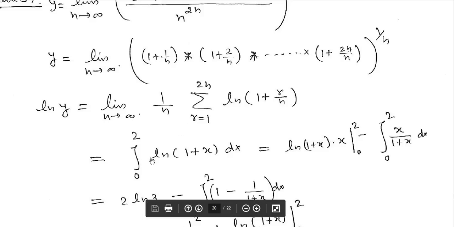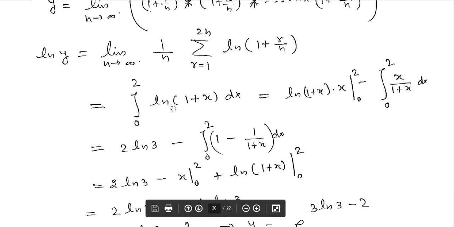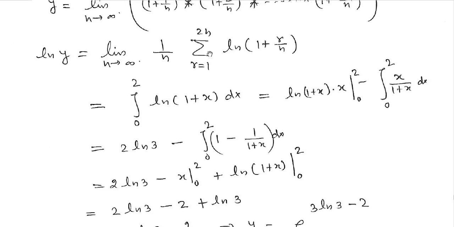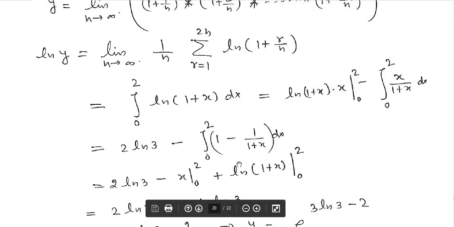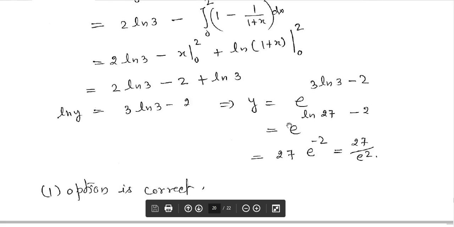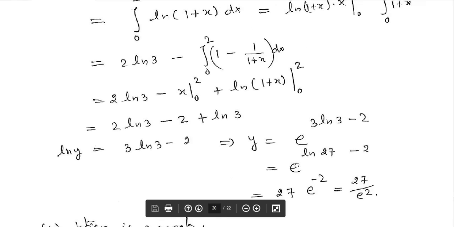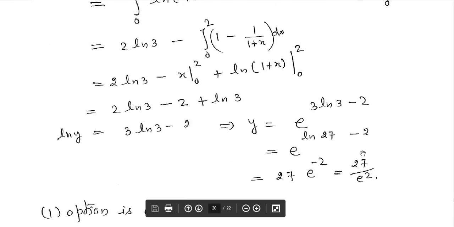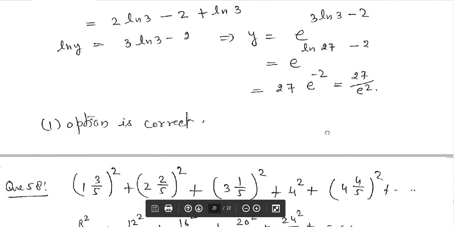This is a Riemann sum. You need to find this, so you can convert it into this form, and on solving this we are getting 27 by e square.